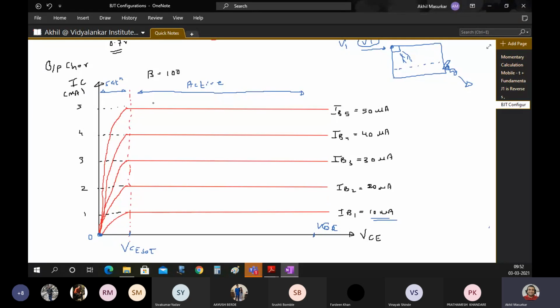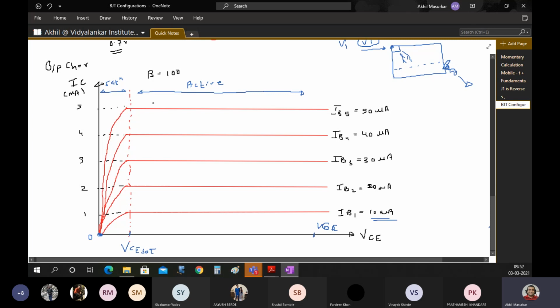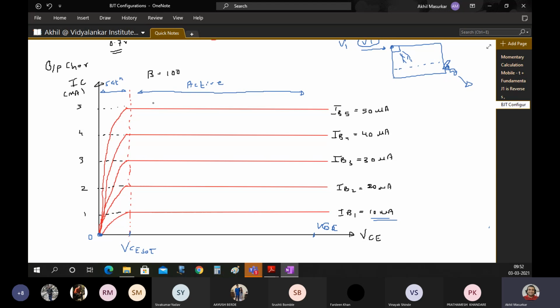That is, the speed of electron becomes constant and current is nothing but rate of flow of electrons, and that is why the current also becomes constant. So beyond VCE sat, the current is going to become constant.